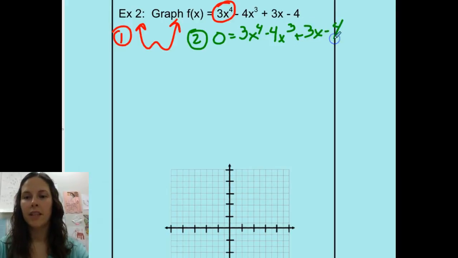And solve for x. In this case, we will factor by grouping. My first two terms have a common factor of x cubed. My second two terms have a common factor of 1.